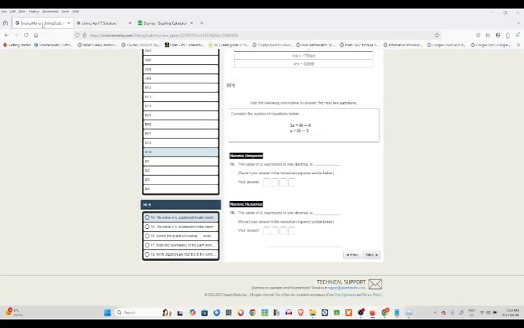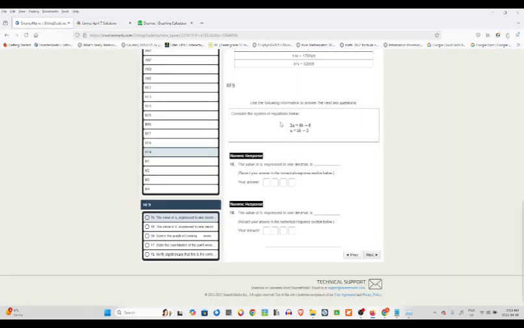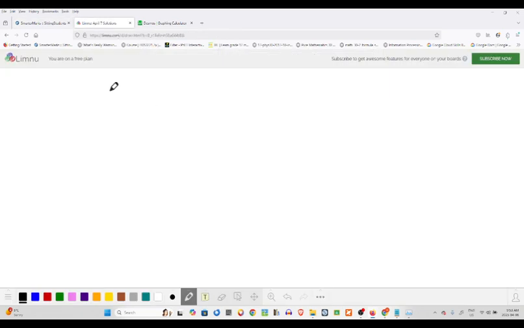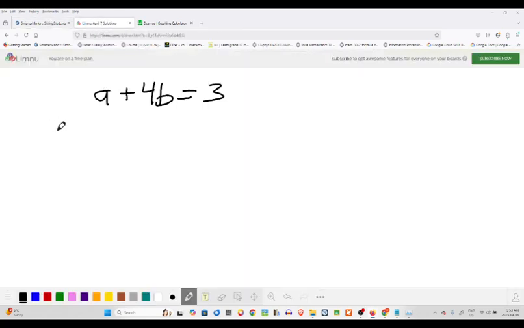So 2, 8, and 6. Notice how they all have a common factor of 2? I'm going to divide that whole thing by 2 right off the bat and simplify it. So a plus 4b is 3, and a plus 5b is 2.